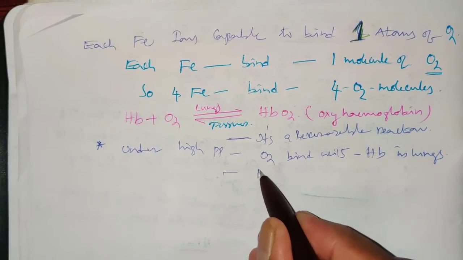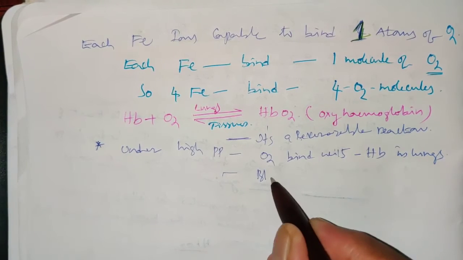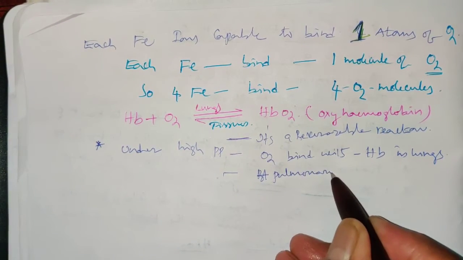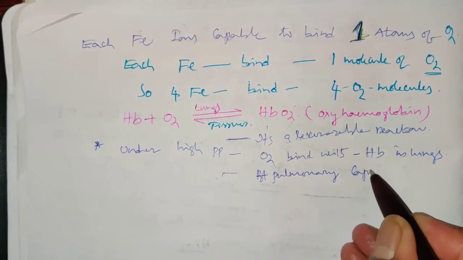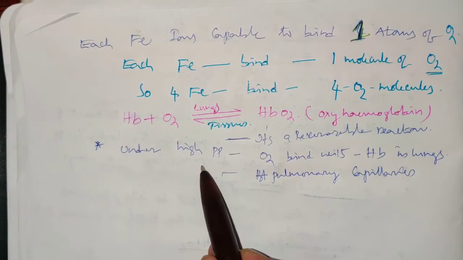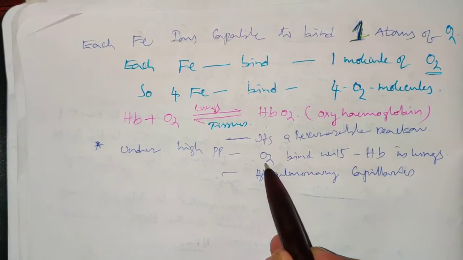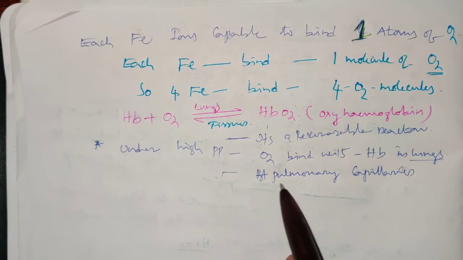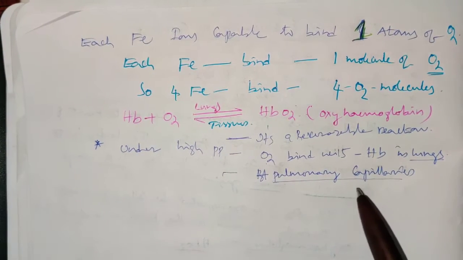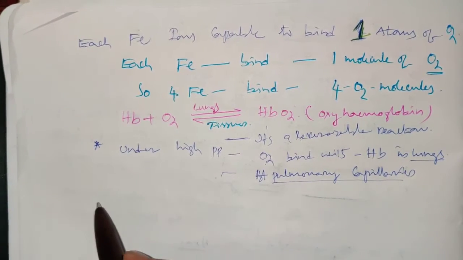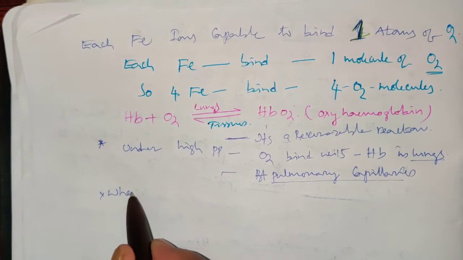That means in blood capillaries, or we can say pulmonary capillaries. So under high partial pressure, oxygen binds with hemoglobin in the lungs, exactly in the pulmonary capillaries.